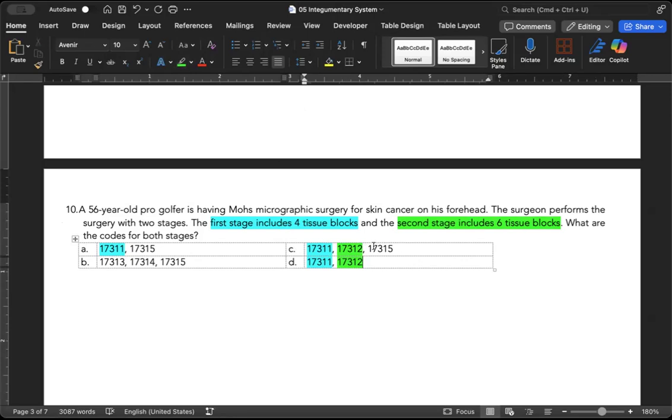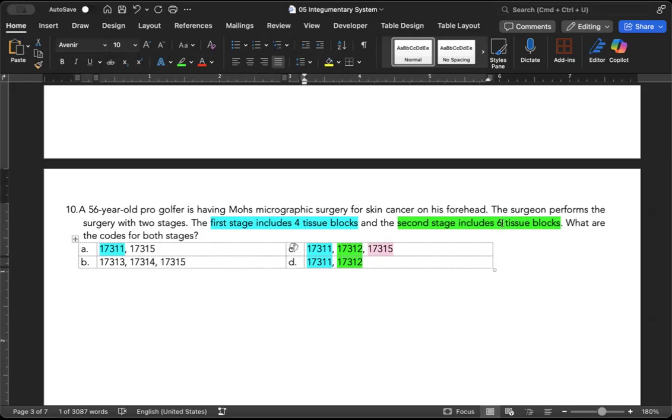17315 is for your Mohs micrographic technique. I'm not going to read all of that again because that's really long. Each additional block after the first 5 tissue blocks, any stage. So the 17315 is going to report that 6th tissue block, because the first 17312 for the second stage includes 5 tissue blocks, right?